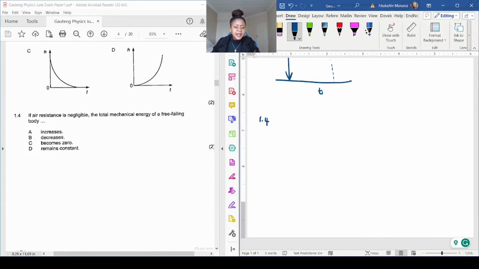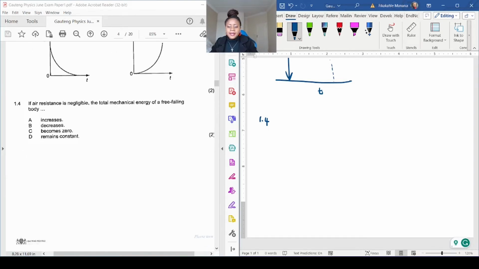So it says if air resistance is negligible, we don't consider it, the total mechanical energy of a free falling body. Remember, EMEC, your mechanical energy, is equal to your potential energy plus your kinetic energy. Before the body falls, you have your maximum potential energy and your kinetic energy is 0.